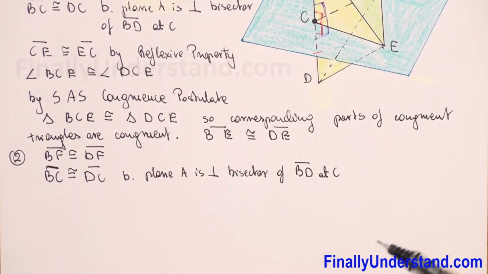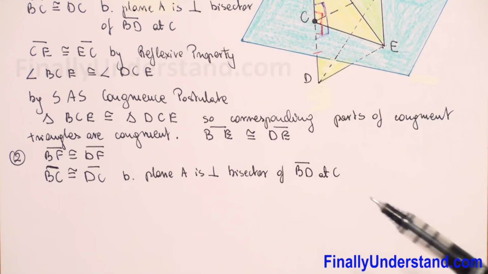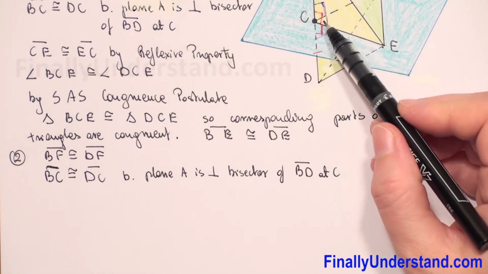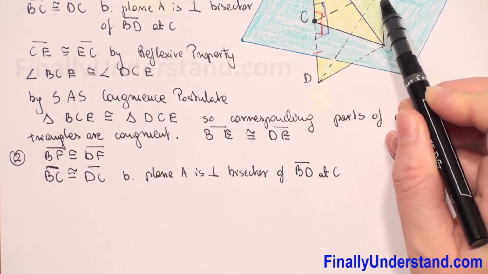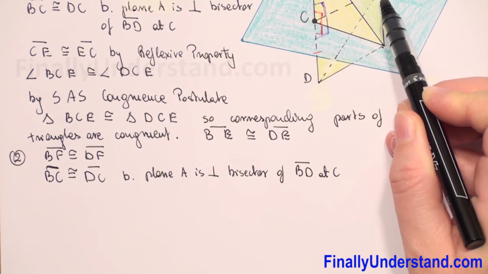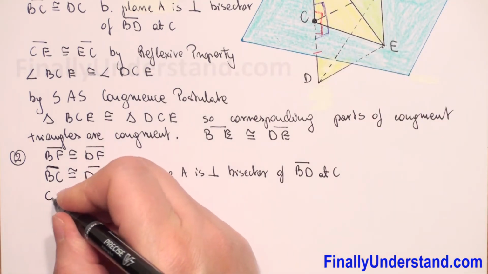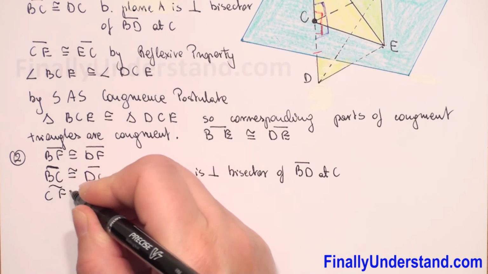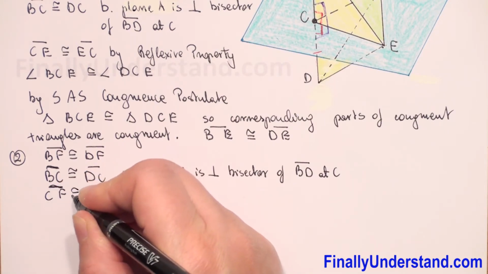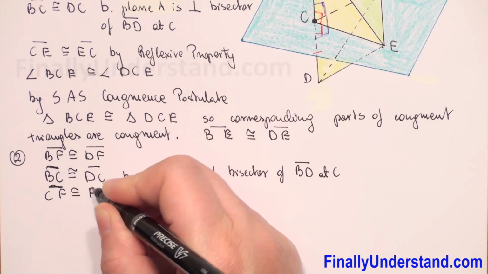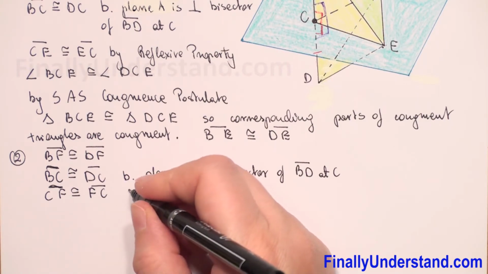So first we use the information which we have been given. Next, what else do we have? CF segment is congruent to FC segment by reflexive property.